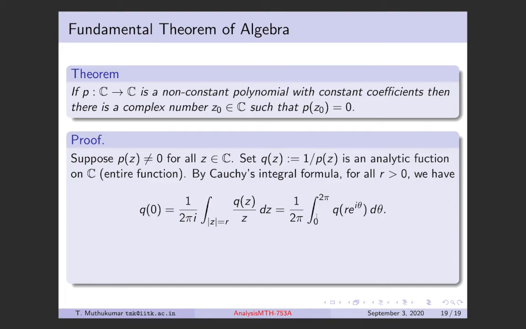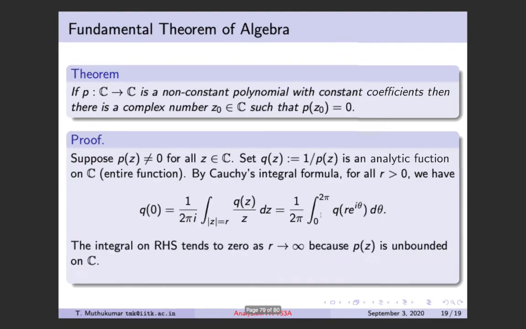Now this is again an analytic function, and now what you do is you take the limit. This formula was valid for every r, right? So you let r go to infinity. So you do it for circles getting bigger and bigger.